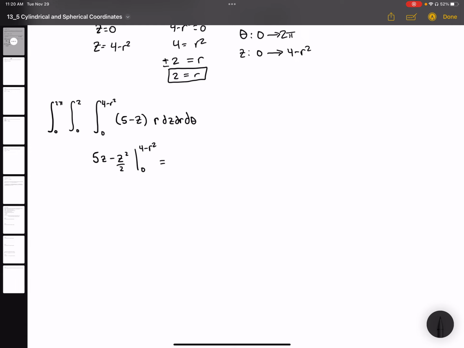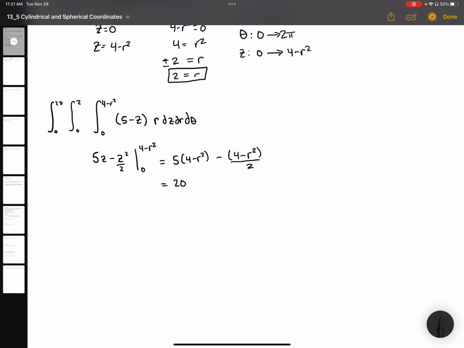We just have to do algebra well. So we're going to get 5 times 4 minus r squared, minus 4 minus r squared, squared, divided by 2. And when we substitute in 0, we get 5 times 0 minus 0 squared divided by 2, so just 0. Now our work is going to be to simplify this.